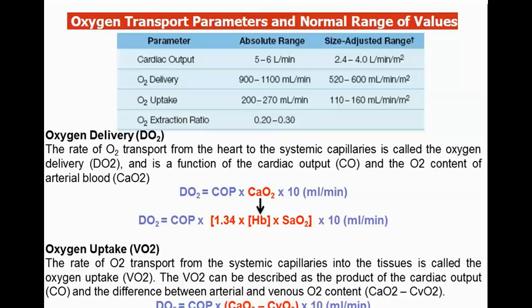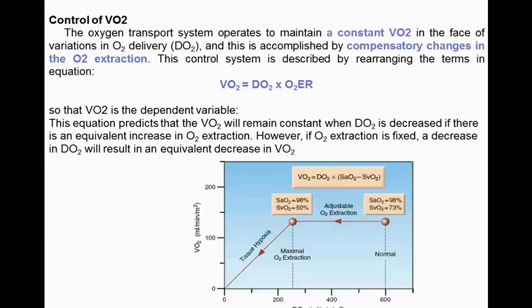Good. So what will occur to the tissues? This will occur to the tissues. This is oxygen delivery, as we said, and this is the oxygen uptake. VO2 is oxygen uptake. So here it is 600, not 1,000, because it is not milliliter per minute, but per square meter of body surface area.